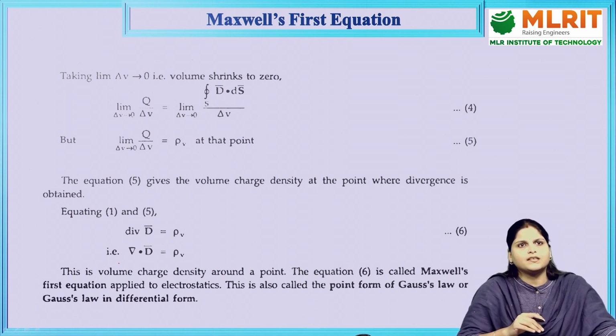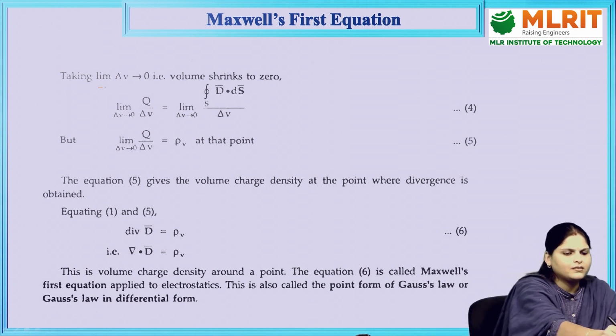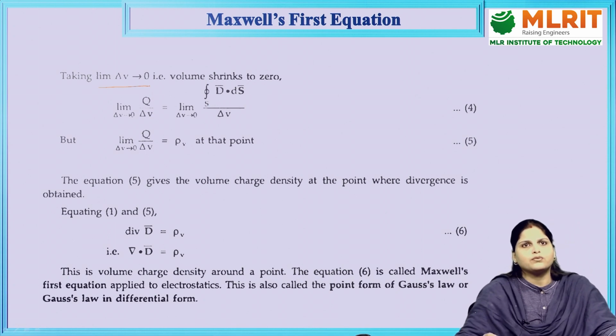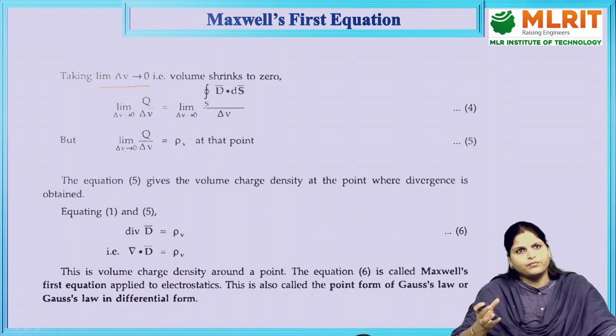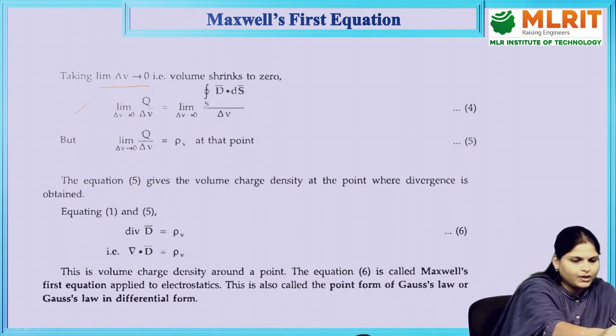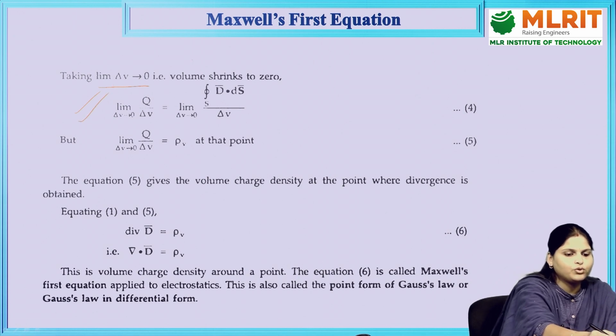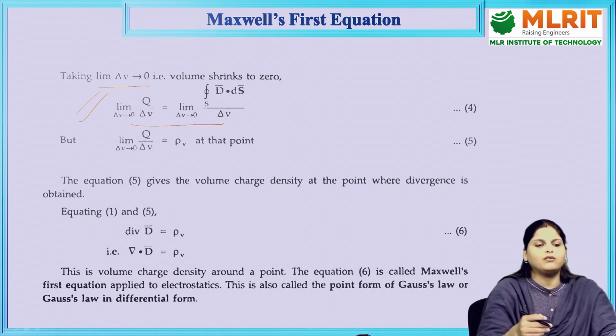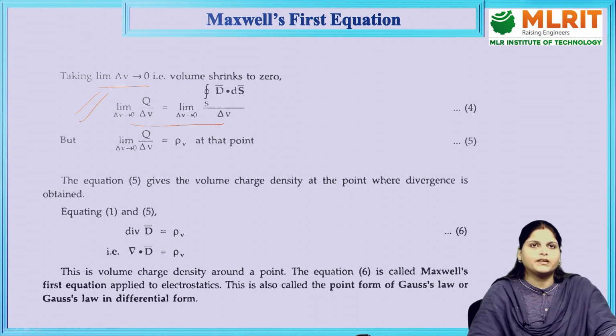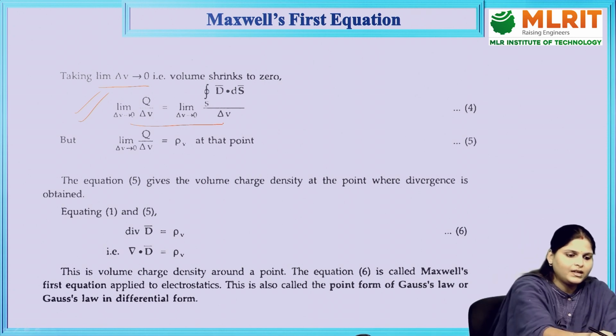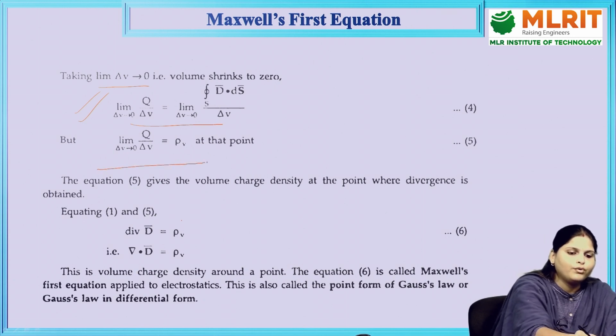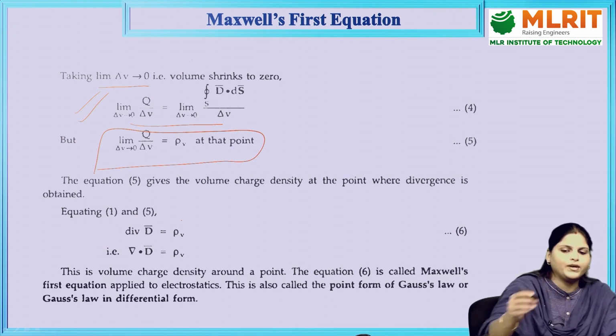Now, let us consider that the limit del V tends to 0, so the volume shrinks to 0. Here we get a new formula: limit del V tends to 0 of Q upon del V is equal to limit del V tends to 0 of the integration of D dot ds upon del V. But as we know, limit del V tends to 0 of Q upon del V is equal to rho V at that point.